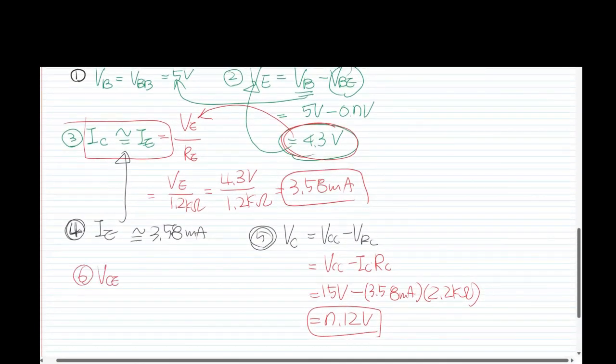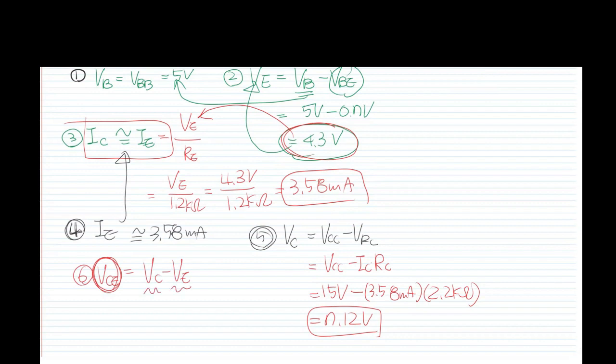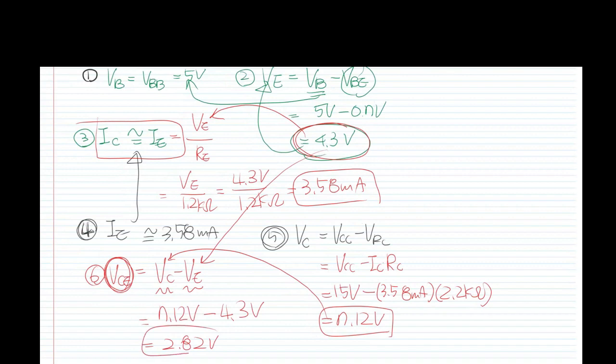V sub CE is V sub C minus V sub E. We have already calculated V sub C and V sub E. So 7.12 minus 4.3 volt, so 2.82 volt. Approximately 3 volt. Doesn't matter.